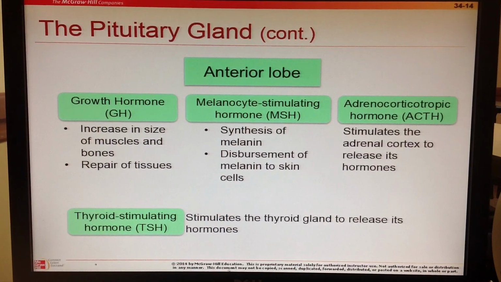Thyroid stimulating hormone, or TSH, which we've already mentioned, is also released from the anterior lobe of the pituitary. Remember that TSH is stimulating the thyroid, so that's its target tissue.